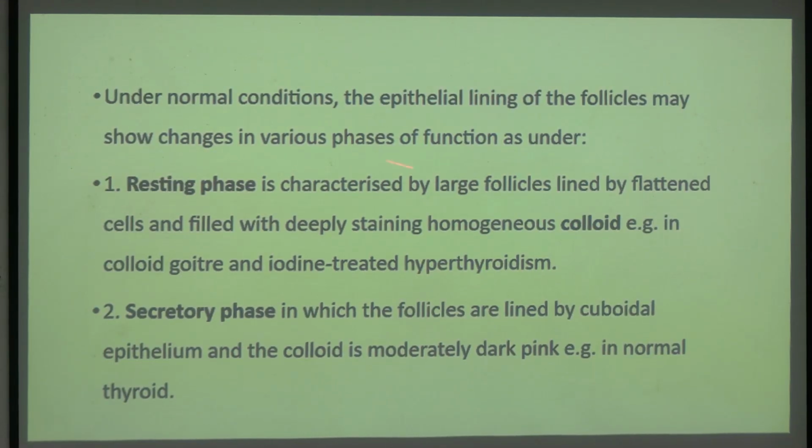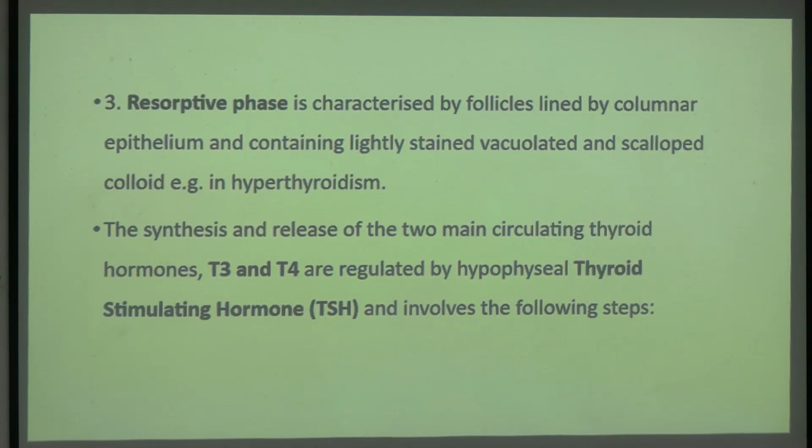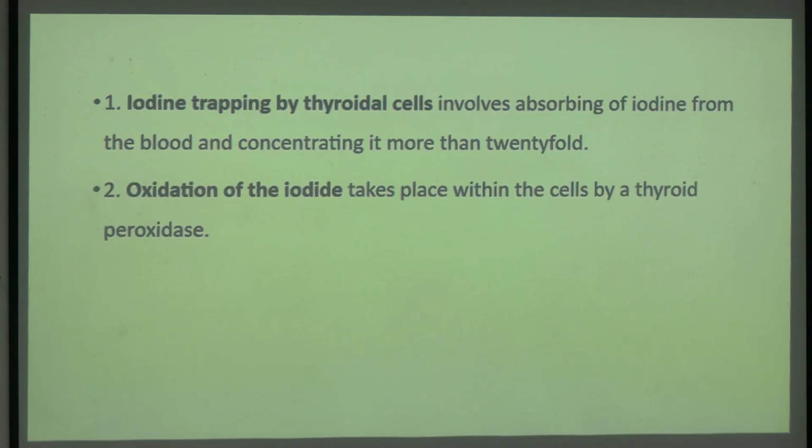So under normal conditions, the epithelial lining of the follicle may show changes in various phases. Number 1 is resting phase, number 2 is secretory phase, number 3 is resorptive phase. The synthesis and release of the two main circulating thyroid hormones, T3 and T4, are regulated by hypophyseal thyroid stimulating hormone, TSH, and involve the following steps.